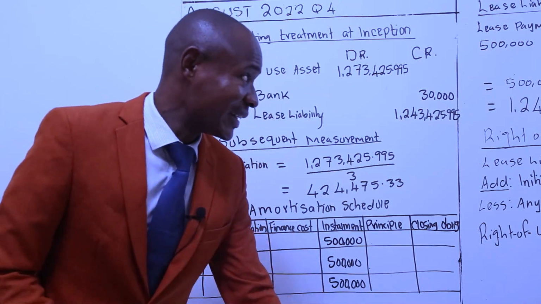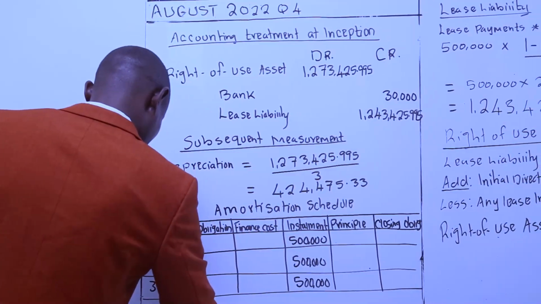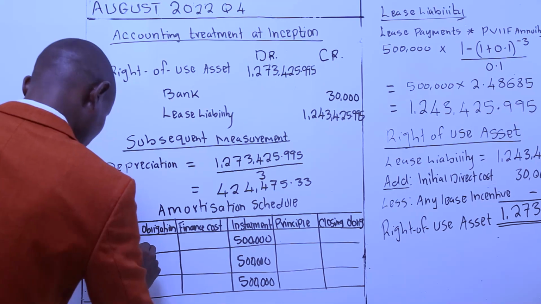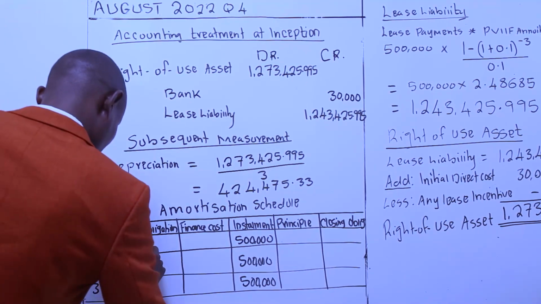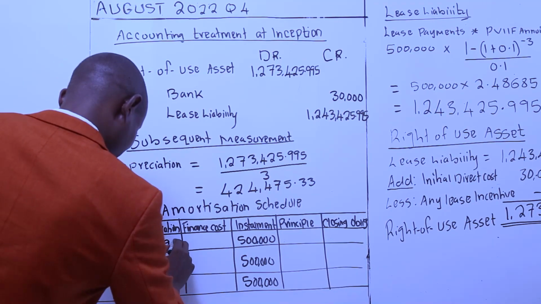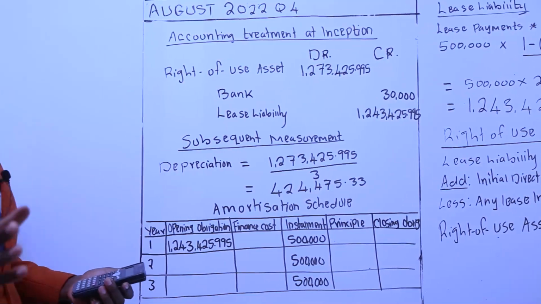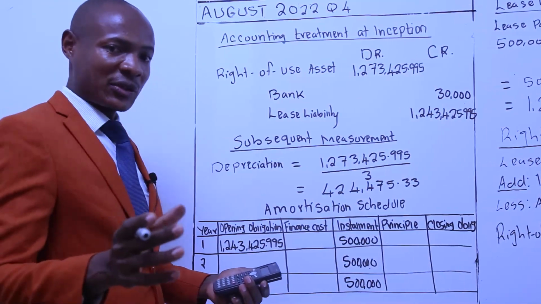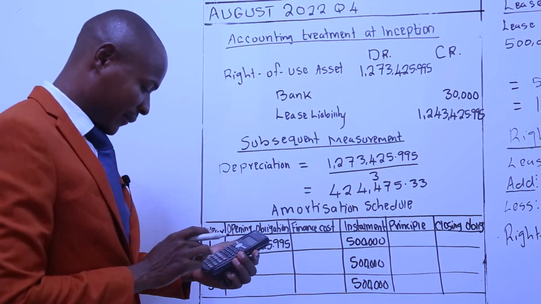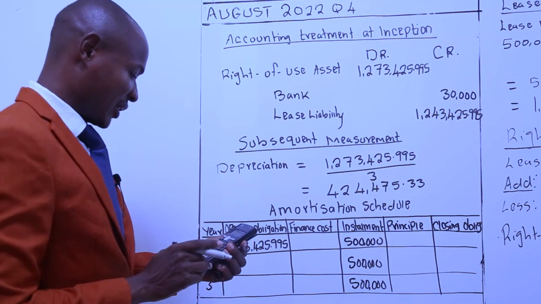The beginning obligation of the lease liability is 1,243,425.995. So finance cost is at 10%. So 1,243,425.995 times 0.1.